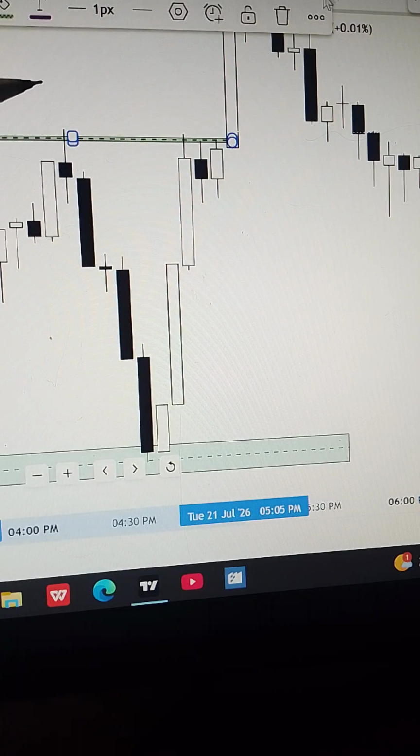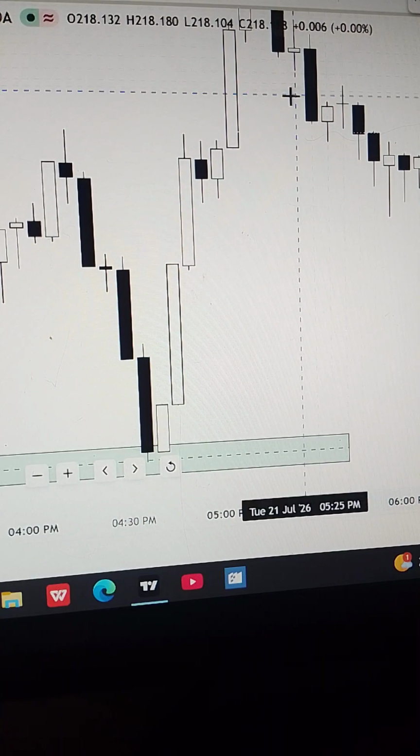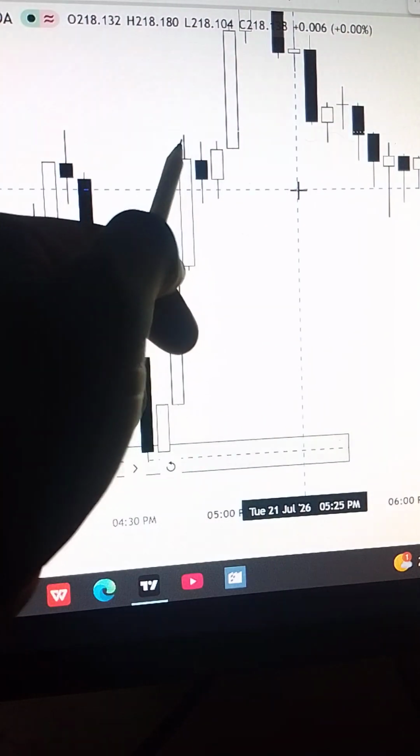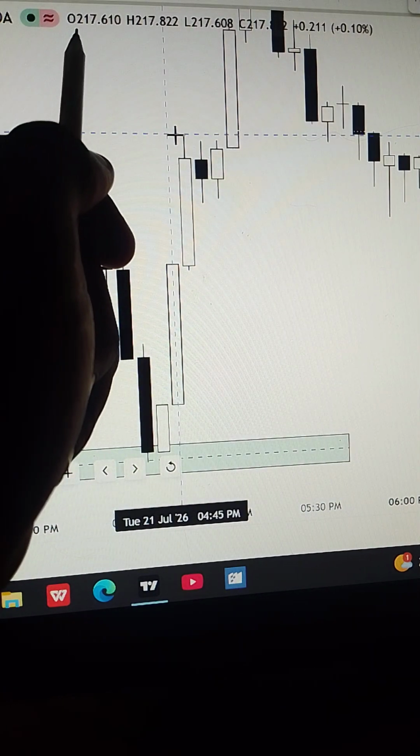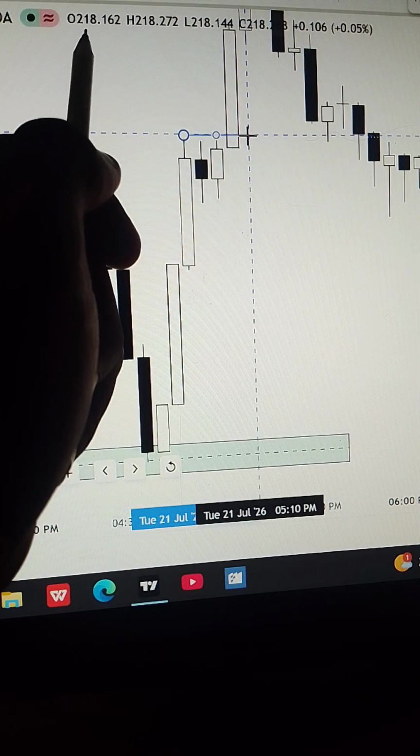So let's ignore this. A green candlestick followed by a red candlestick. You see the green candlestick has the highest wick, the longest wick. So you mark the wick.